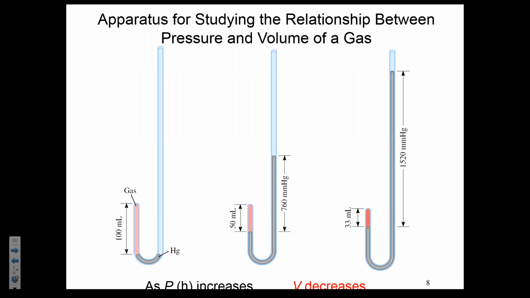Okay, so that brings us to our first real relationship, which is pressure and volume of a gas. The relationship that I want you to know is that as pressure of the gas increases, our volume decreases. Okay, so pressure increases, volume decreases.